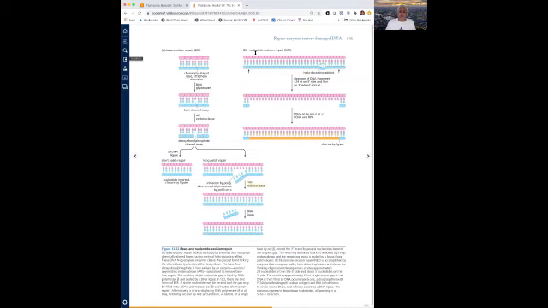An alternative mechanism that looks for alternative types of damage is nucleotide excision repair, NER. Again, NER occurs in two varieties, and they do talk about that in the actual copy of this chapter. Here we have an adduct, something added to the DNA, some kind of distortion in the DNA backbone, and that is then detected.